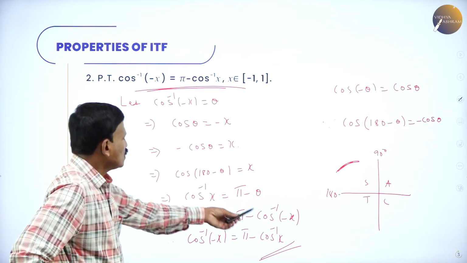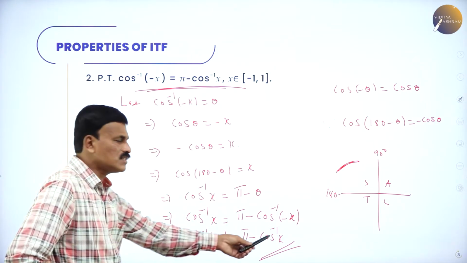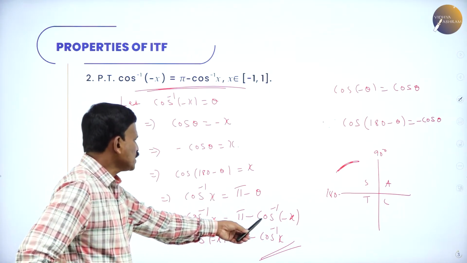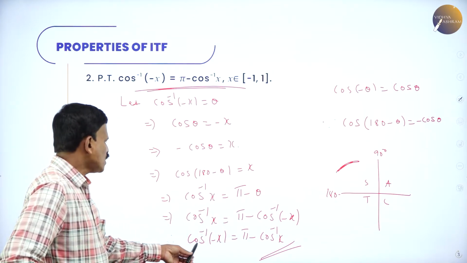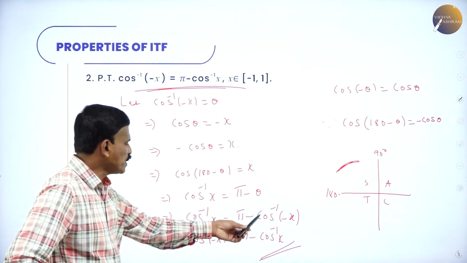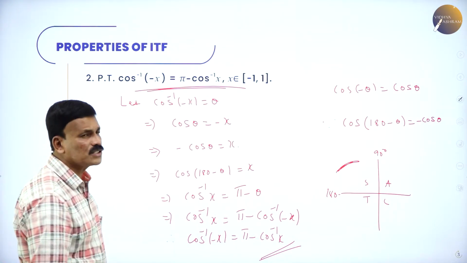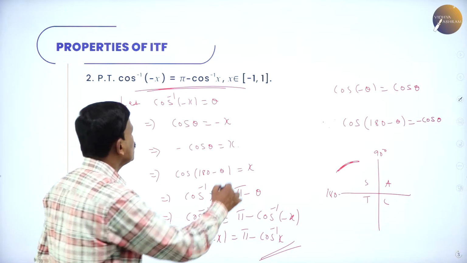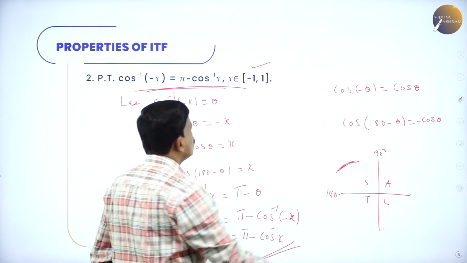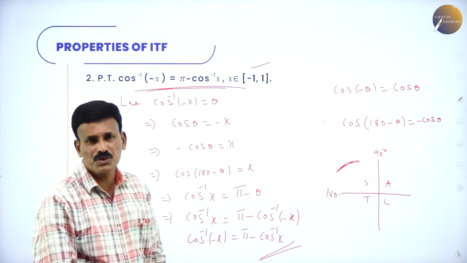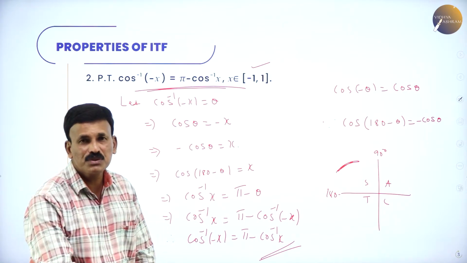What is theta? Cos inverse of minus x. Interchange this, so cos inverse of minus x is equal to pi minus cos inverse x, where x belongs to the closed interval minus 1 to 1, and the range is from 0 to pi.